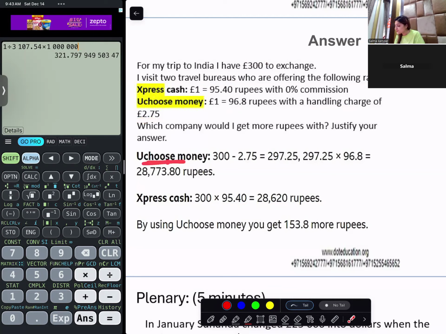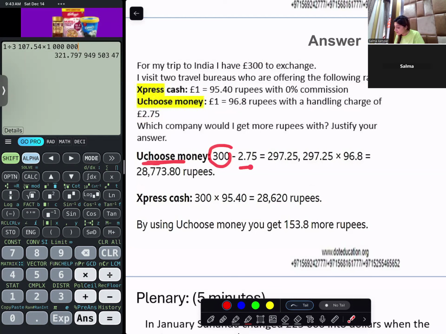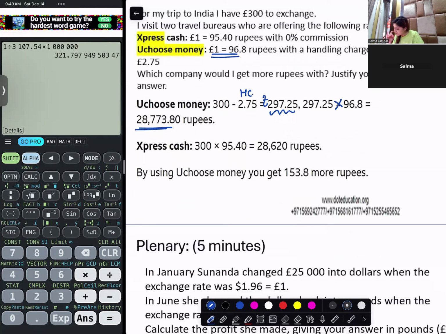So from my 300 pounds, they're first going to deduct the 2.75 pounds handling charges, and I am left with 297.25 pounds. They will convert this into rupees. 1 pound is 96.8 rupees, so they will give me a total of 28,773 rupees.